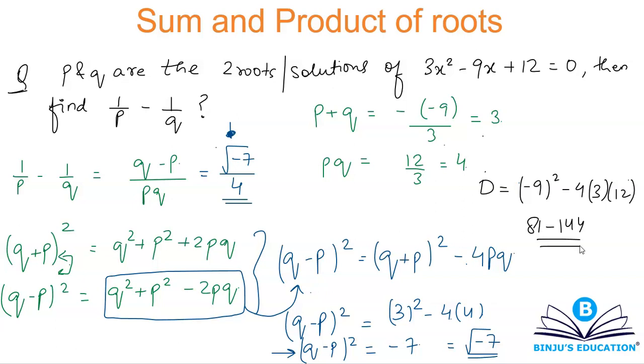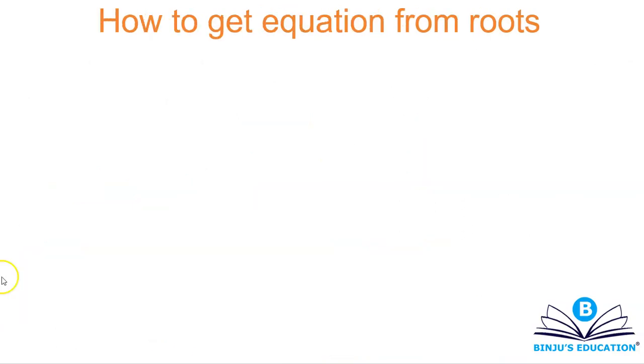Okay, so let's move on to the next thing. The next thing is, how do you get an equation from roots? Let's say it's given to you that a quadratic equation has two roots equal to p and q.